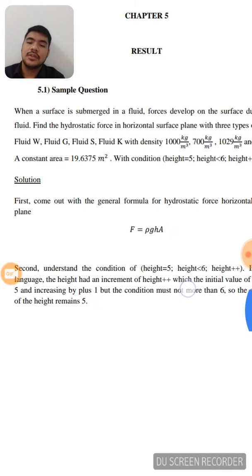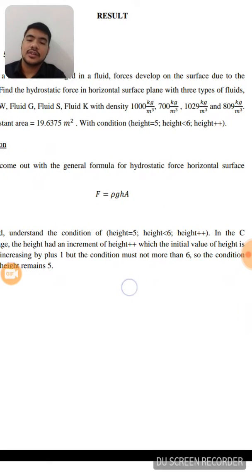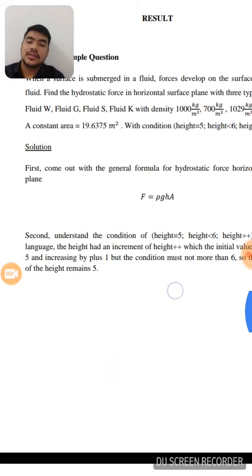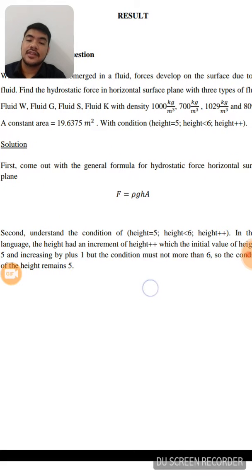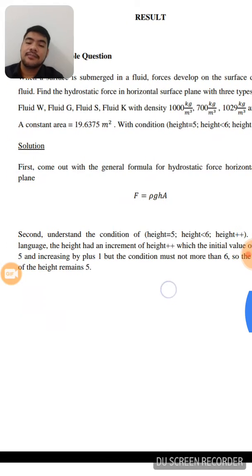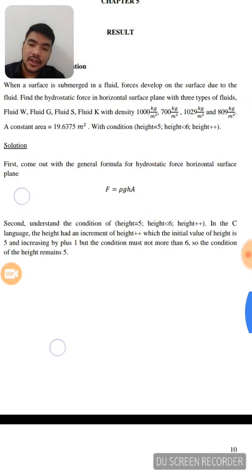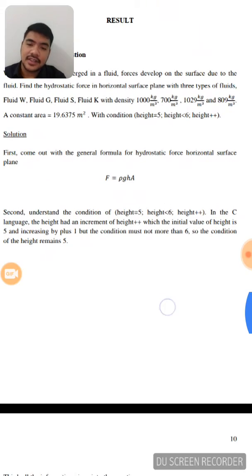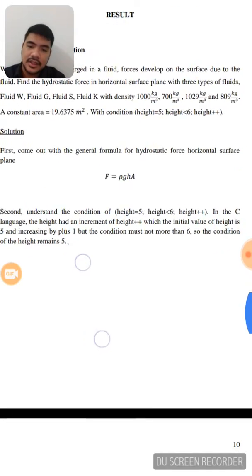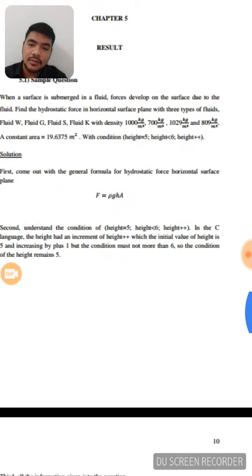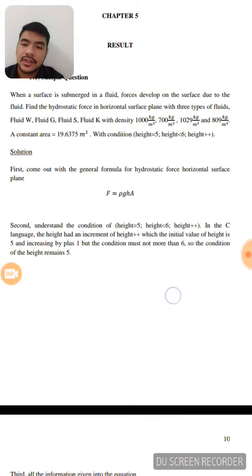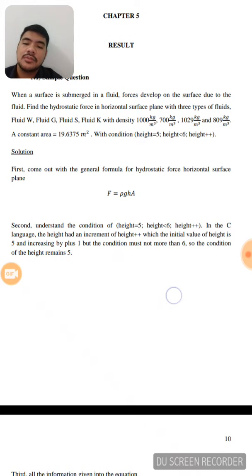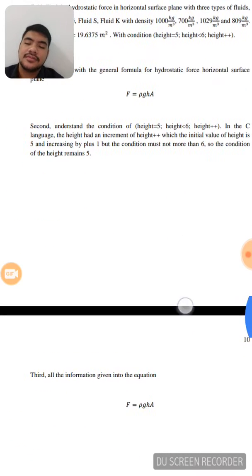To solve this problem, first we need to come up with the general formula of hydrostatic force on a horizontal surface plane, which is force equals density times gravity times height times area. Second, we need to understand the condition of height equals 5, height is less than 6, and height plus plus. In the C program, the height has an increment of height plus plus, where the initial value of the height is 5 and it increases by 1, but the condition must not be more than 6, so the height remains 5.